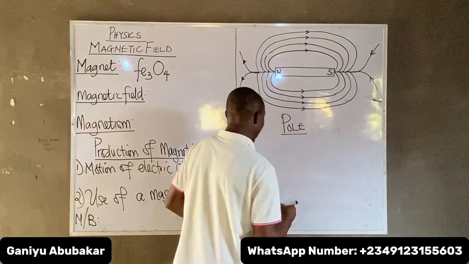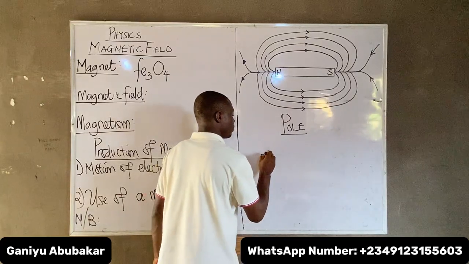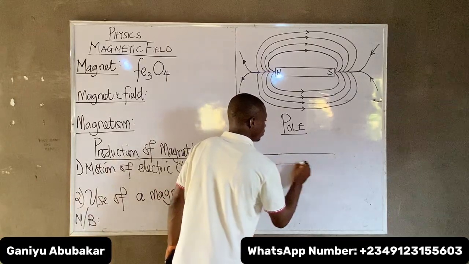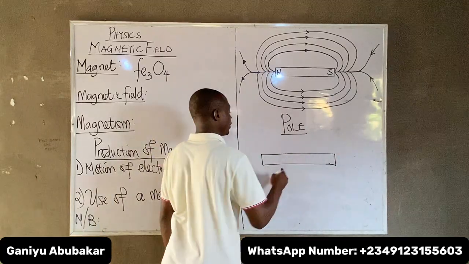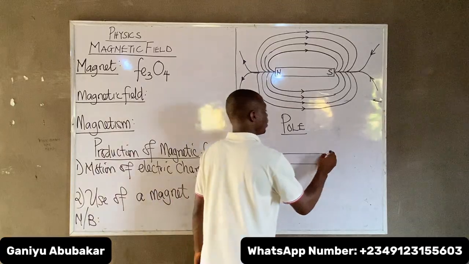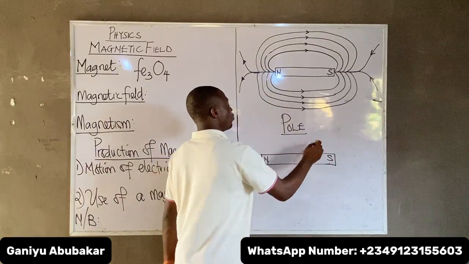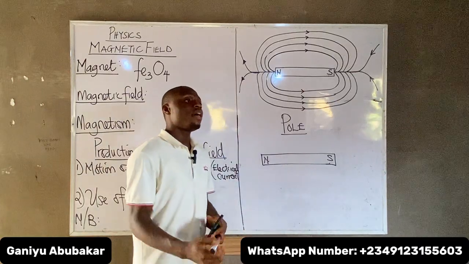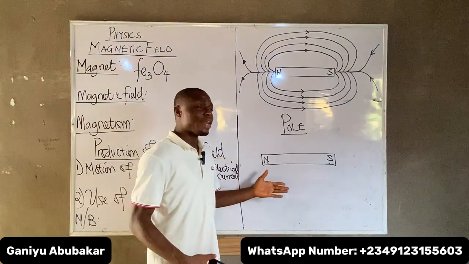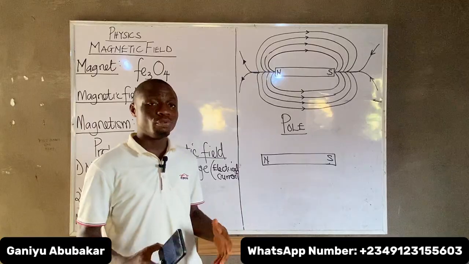All right, so if I have this, this is called a pole, right? So we have the North Pole and the South Pole. A pole is simply a region where the magnetic field is being produced.